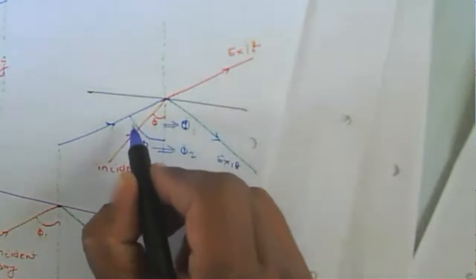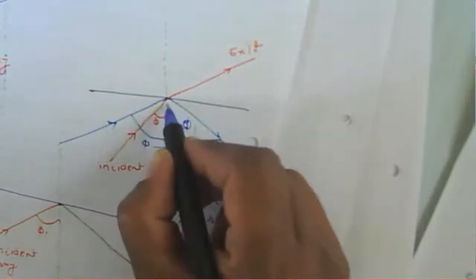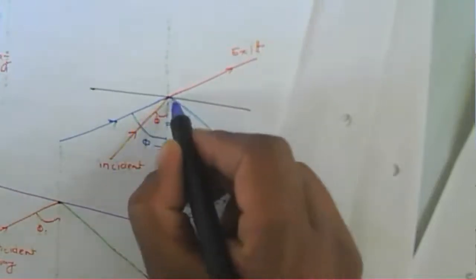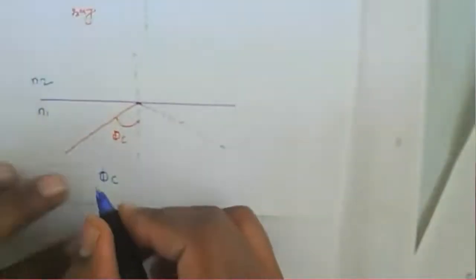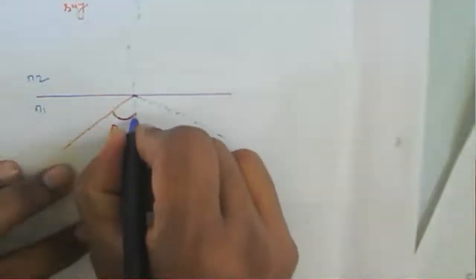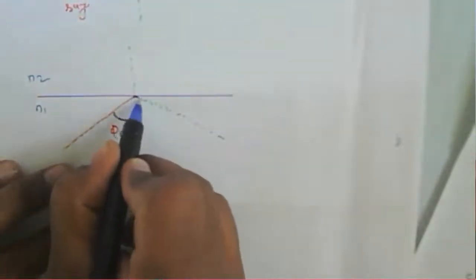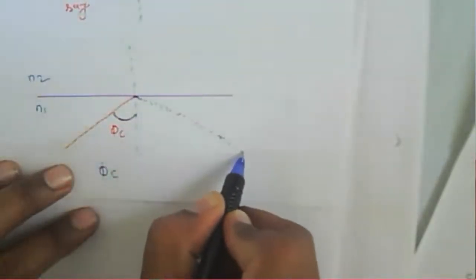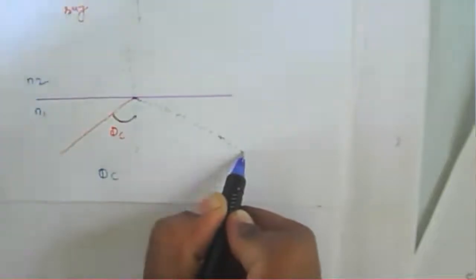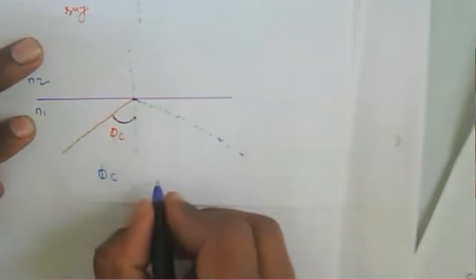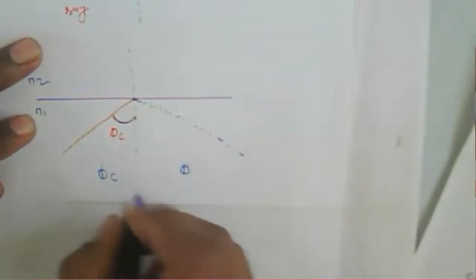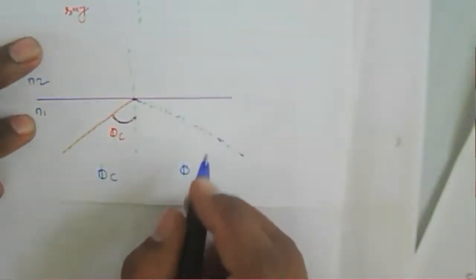Now, at what critical value of phi will the signal be reflected? In optical fiber, we need to consider what critical value of phi is needed so that your signal will be reflected back.